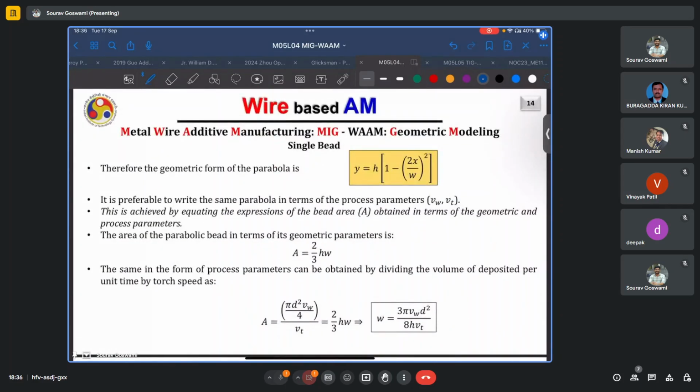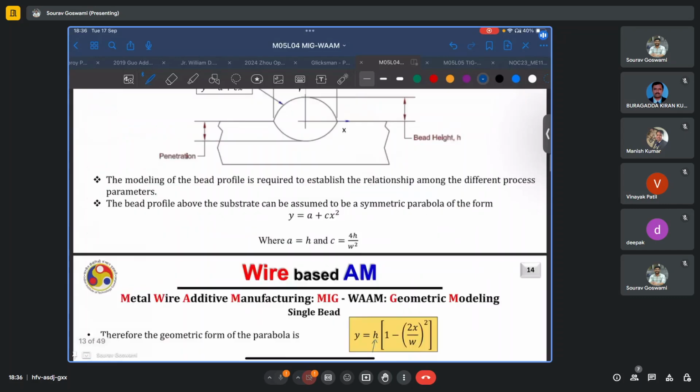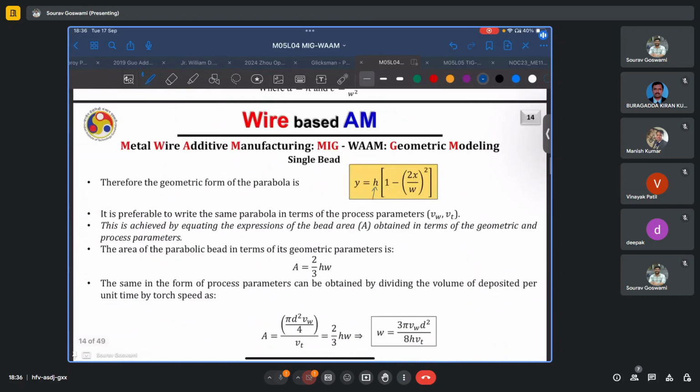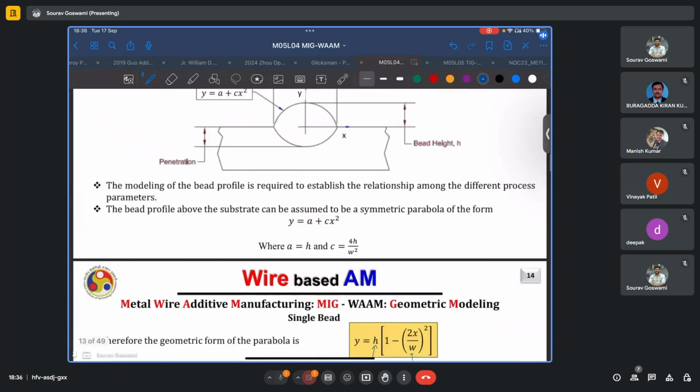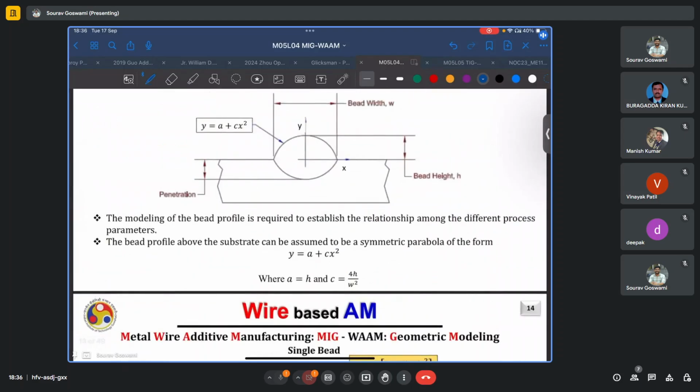This gives us the geometric form of the parabola as y equals h times (1 minus (2x/w) squared), h in this case being the height of the deposition above the substrate and w being the width of the deposition as measured on the substrate surface. So on this surface.